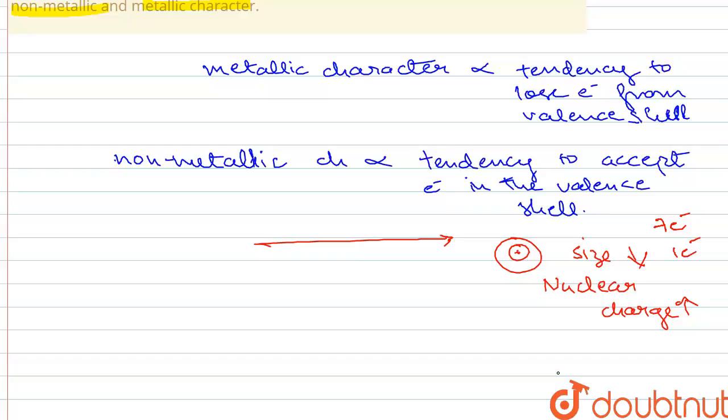while they cannot lose electrons because they have 7 electrons in the outermost shell. In order to attain the noble gas configuration, they would have to lose 7 electrons to complete the octet. Losing 7 electrons is a high energy consuming process. So instead of that, they accept 1 electron.